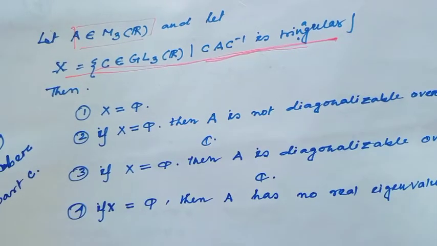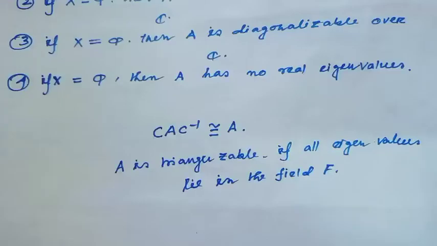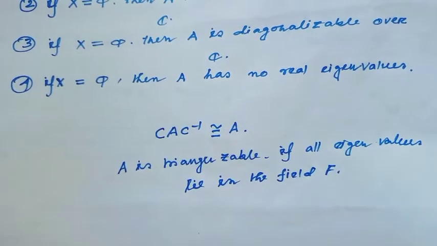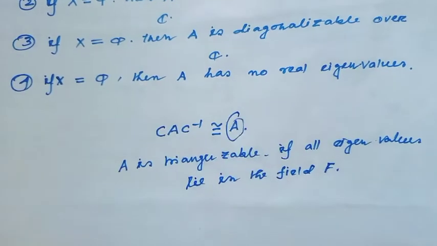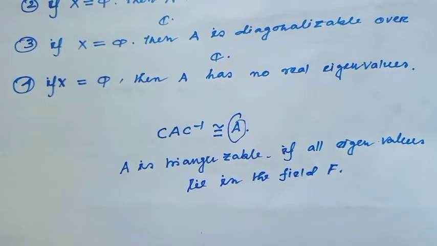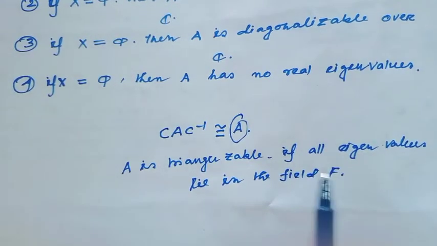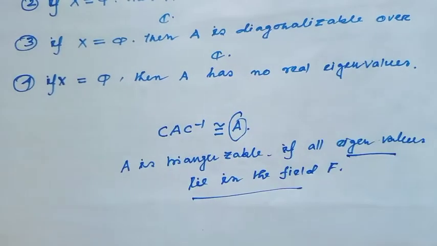This is a very easy and very conceptual type. This concept I discussed a few minutes ago. If A is triangulable, that means this matrix is similar to a triangular matrix, and this means all eigenvalues lie in the field.